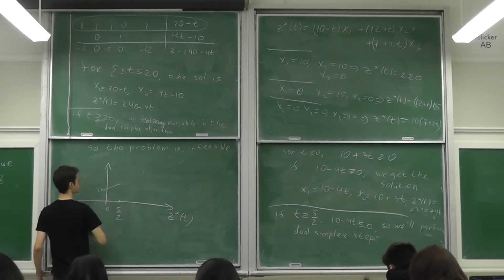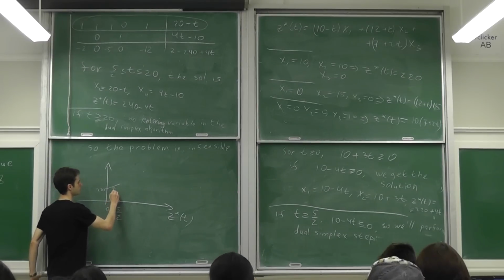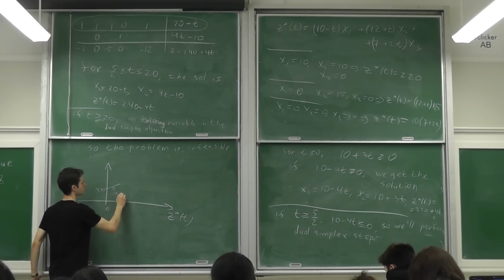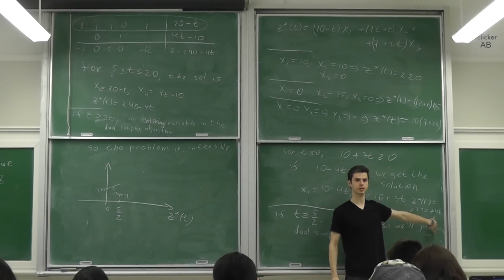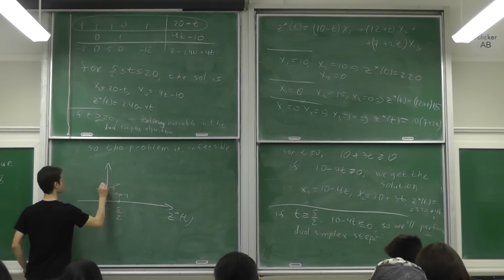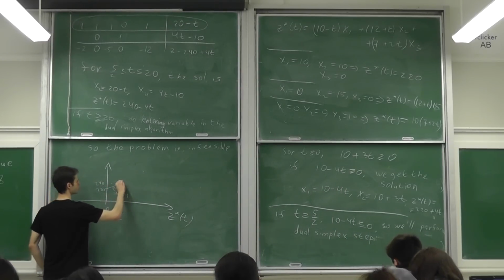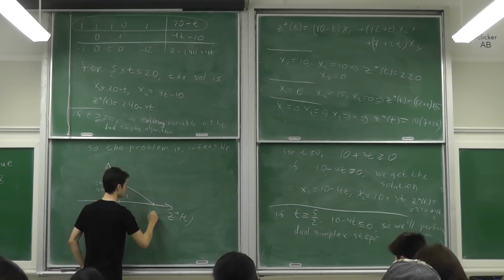Here the slope is 14, and the derivative is plus 14. That's the first solution. The second one is 240 minus 4t. And this goes all the way until we hit 20.